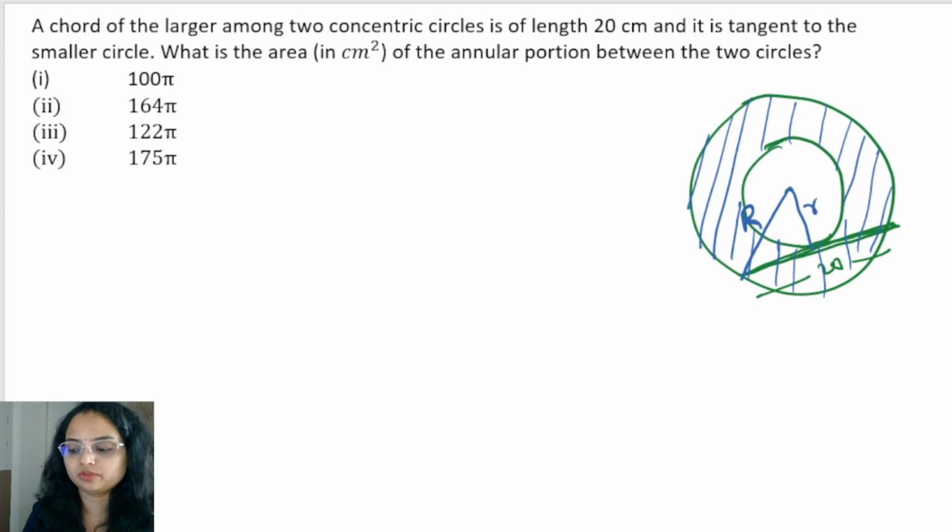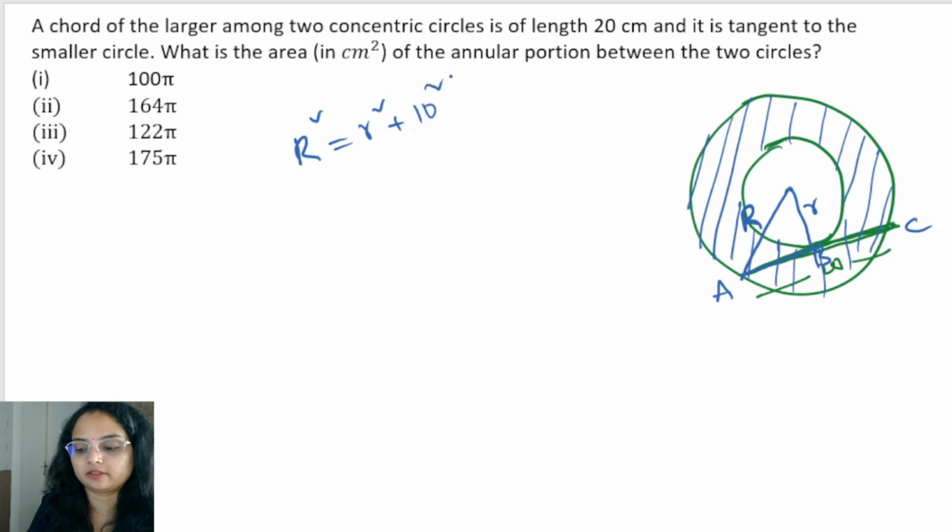Now by using the Pythagoras theorem, we know that R square is equal to small r square plus, here we'll name this as AB. What is AB? It is 20 divided by 2, it is 10 square. So R square minus r square is equal to 10 square.